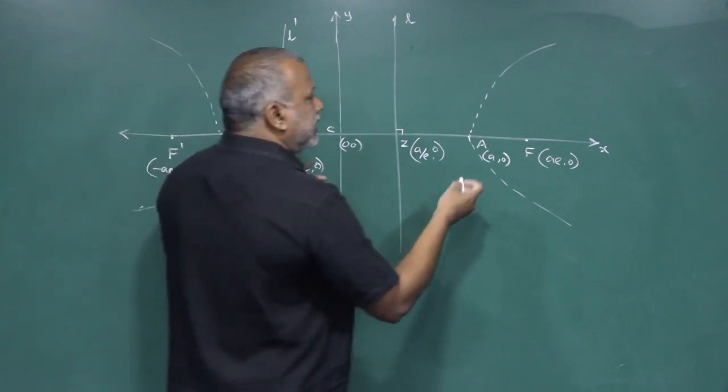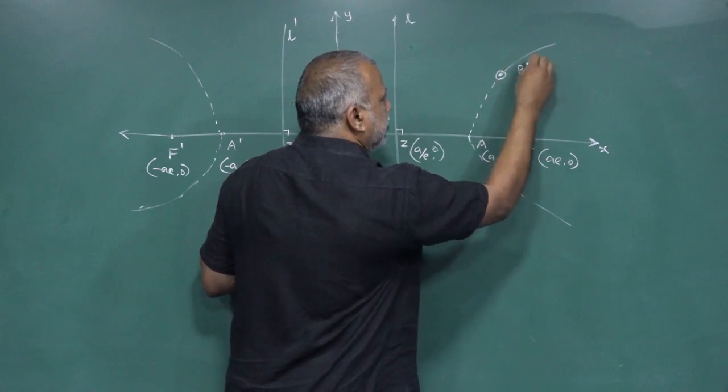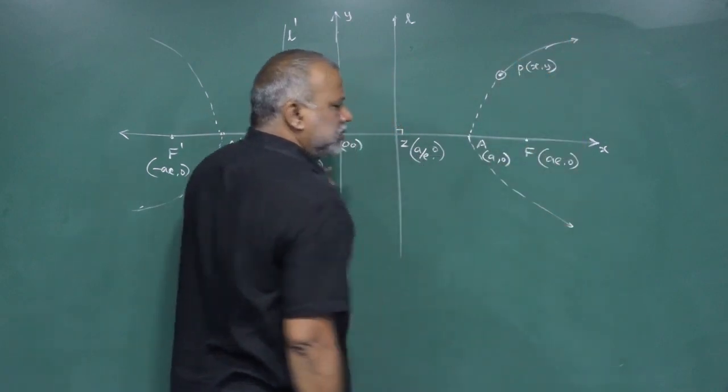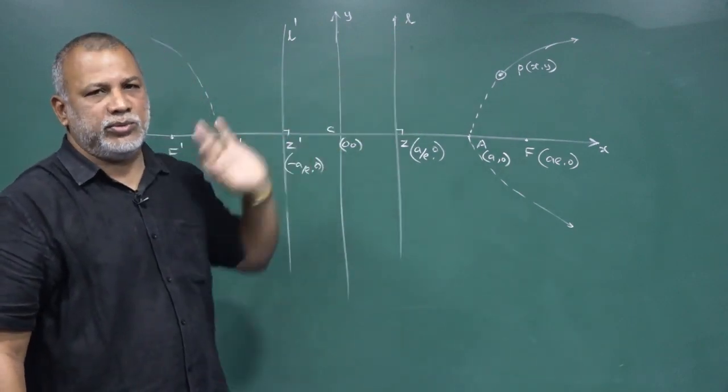So now, as per the definition and the question, I am taking a point P(x, y). Let P(x, y) be any point on the hyperbola.